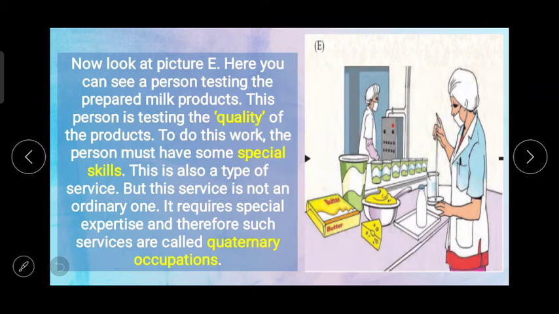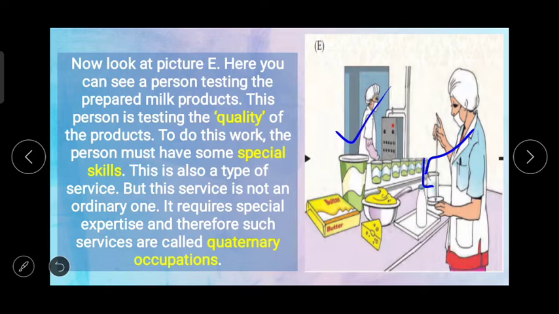And now next one, picture E, this one on the screen you can see. Here you can see a person testing the prepared milk products. प्रोडक्ट बने हैं और उसे क्या किया जा रहा है? टेस्ट किया जा रहा है. Here you can see a person testing the prepared milk products.